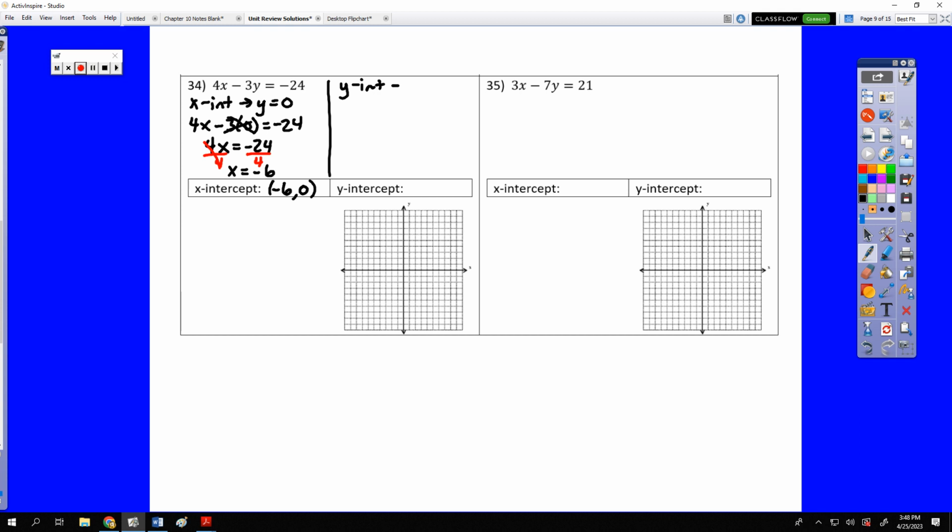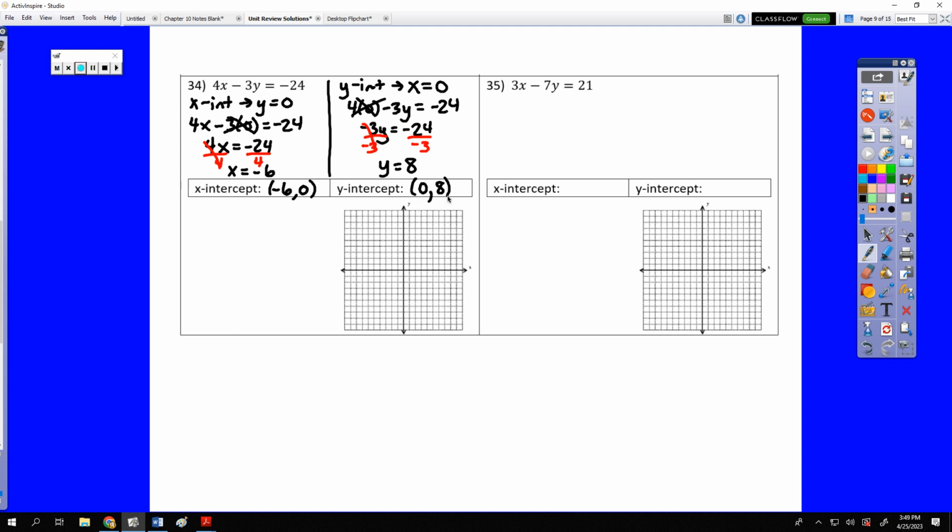The y-intercept is when x is equal to 0. So 4 times 0 minus 3y equals negative 24. That x term drops out, leaving us with negative 3y equals negative 24. And we divide by negative 3. When we divide by negative 3, we get y is equal to 8, meaning the point (0, 8) is on our line.